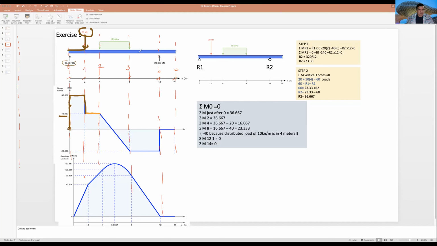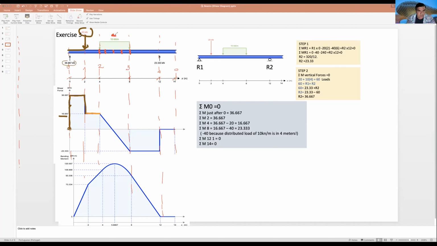Next came a distributed force. Because it's a distributed force, I cannot go punctual, like going down. I need to go little by little. Going little by little means doing an inclined line. How much will I go down? You can calculate if you want: 10 plus 10, 20 plus 10, 30 plus 10, 40.